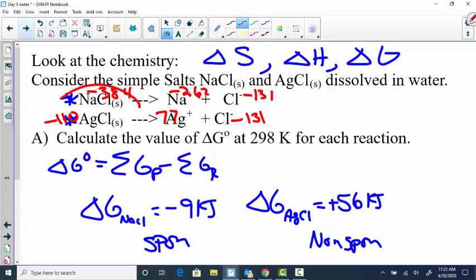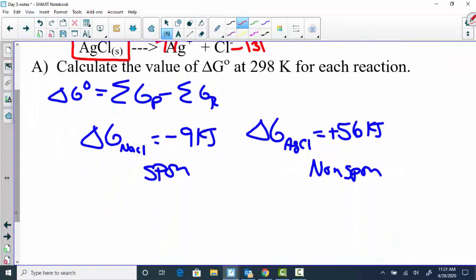But then, what do you know about these two things? What do you know about sodium chloride and silver chloride? One of the things that you should note about that is sodium chloride is soluble in water.